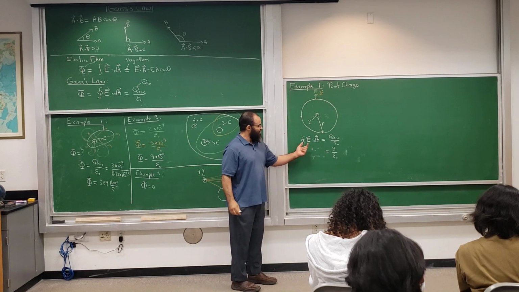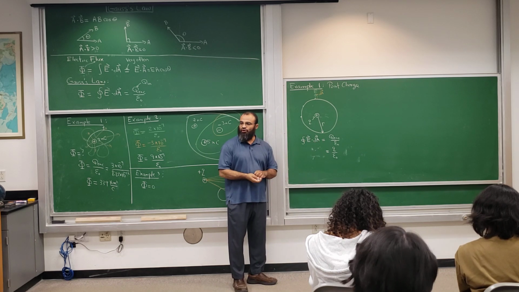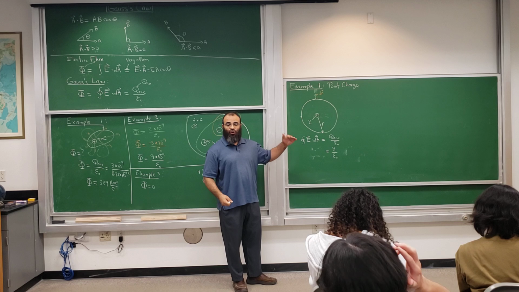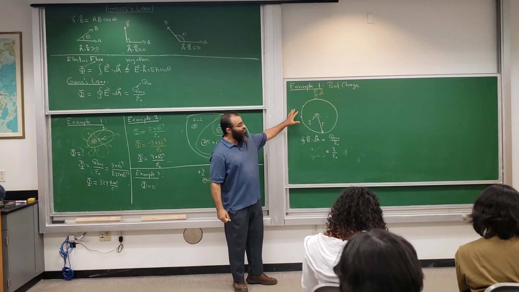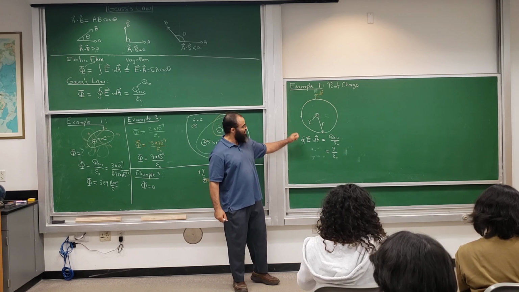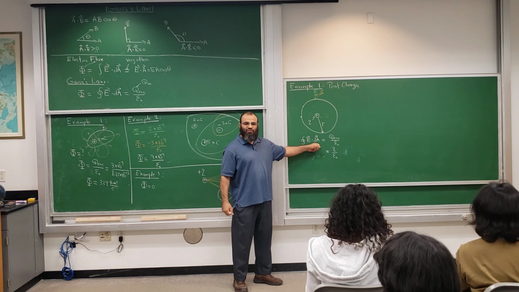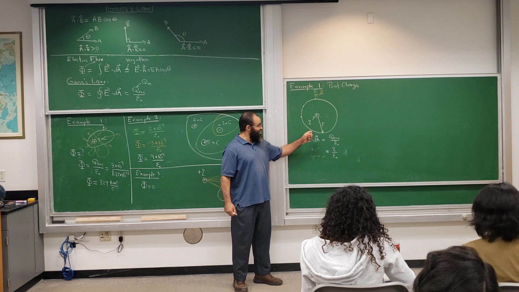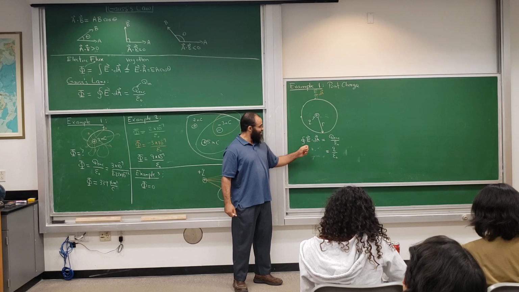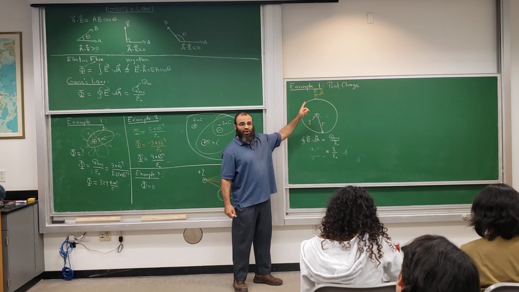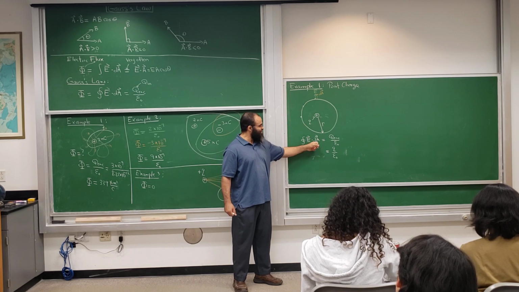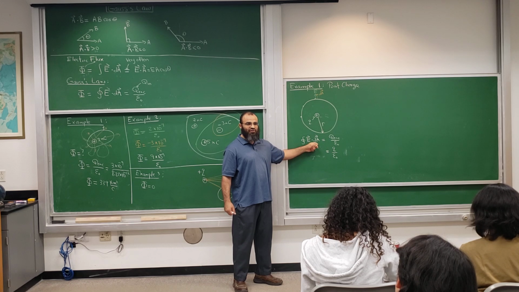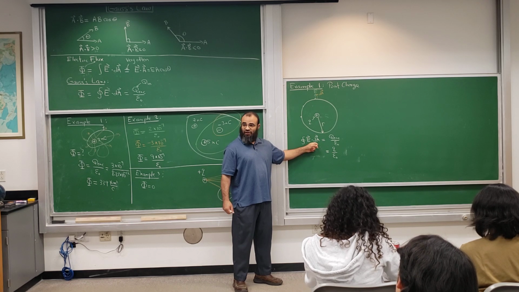Let's look at the left side. So there are a few annoying things in this integral, but they all go away with the right choice of the surface. The first annoying thing, there is a dot product. Nobody wants it. And so let's see why the surface helps get rid of it. The electric field and the area are parallel to each other. So what does E dot dA reduce to? The angle is 0 degrees, so cosine is 1.